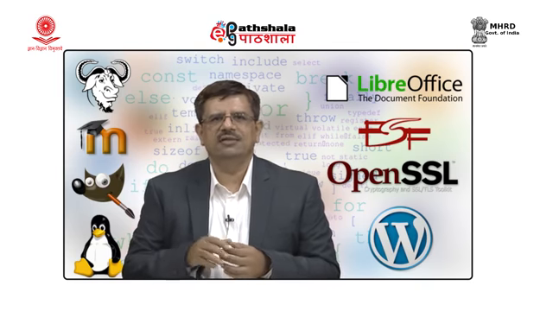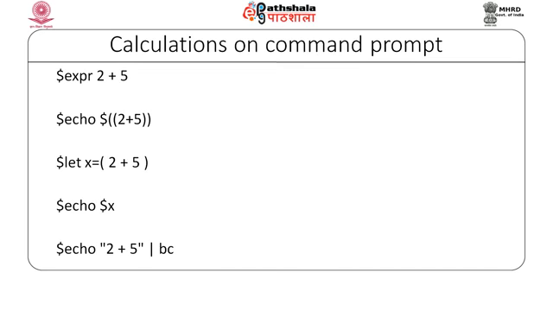So, while using EXPR, at the command prompt we can directly type EXPR 2 plus 5, and the output will be 7. Even at the command prompt we can type echo dollar double brackets 2 plus 5.